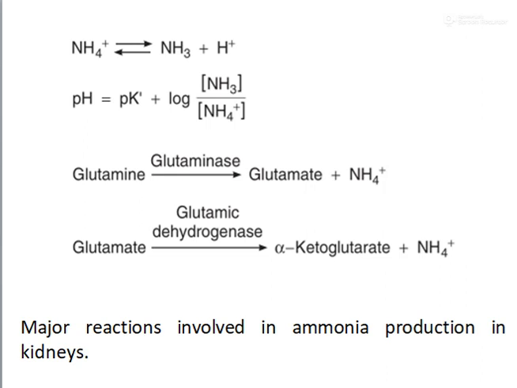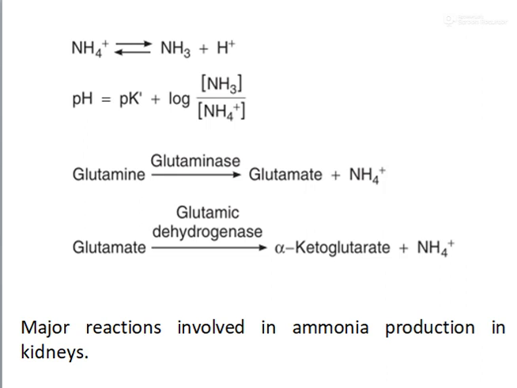This is the major reaction involved in ammonia production in the kidney, and NH4+ is in equilibrium with NH3 plus H+. The reaction that produces NH4+ in the cell is the conversion of glutamine to glutamate by the enzyme glutaminase, which is abundant in the renal tubular cell.